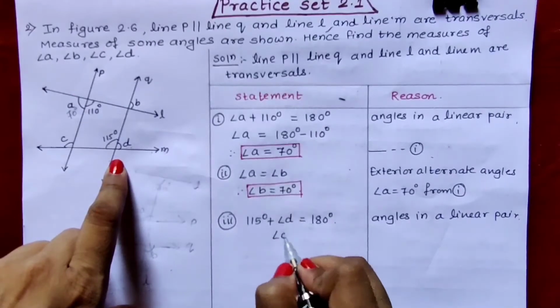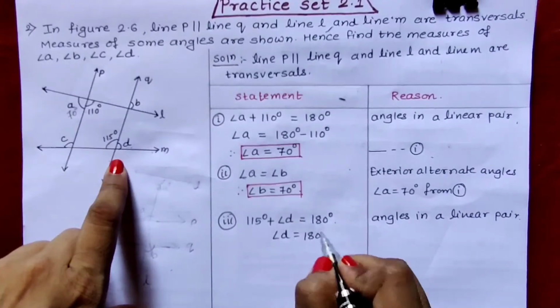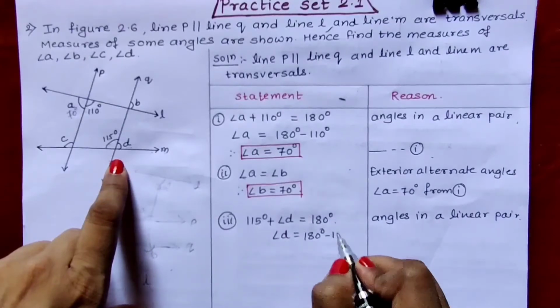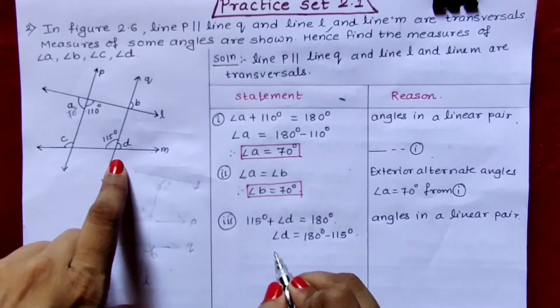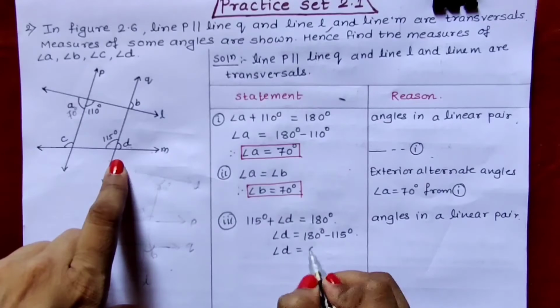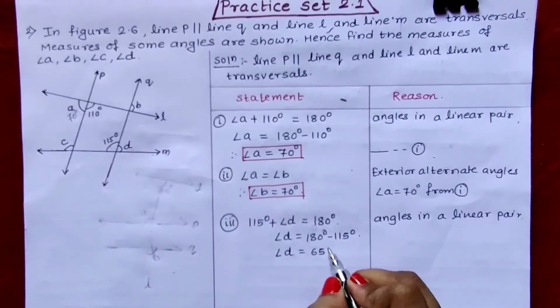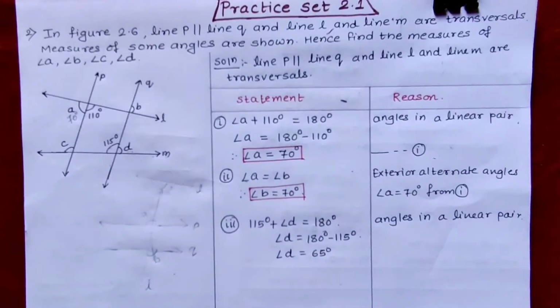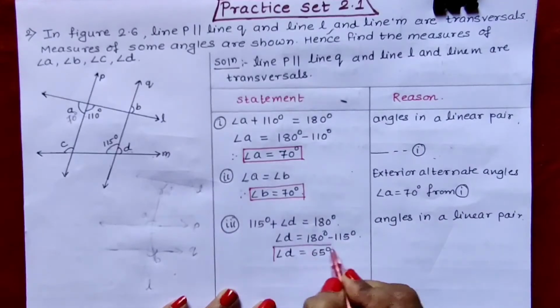So here D as it is we write, 180 degree as it is we write, and 115 we can transfer, it becomes minus 115. So angle D is equal to 65 degree. So D value we have got 65 degree.